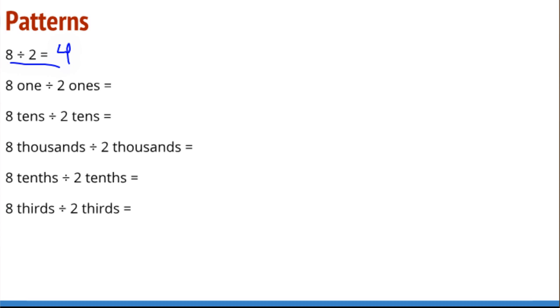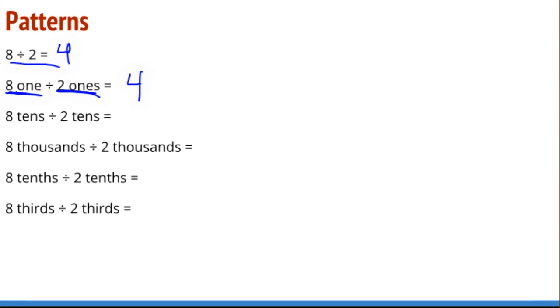But we're going to think about what the 8 and the 2 actually count. In this first problem, it's 8 ones and 2 ones, and when I divide, I will have 4 ones. We can think of this as partitive or measurement, but right now we're focused more on the pattern than the type of division.